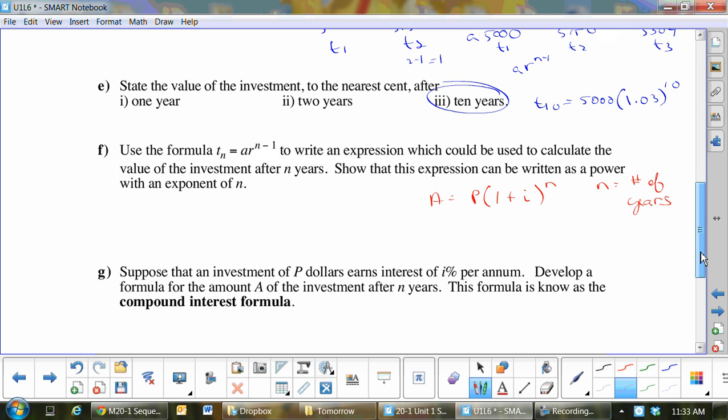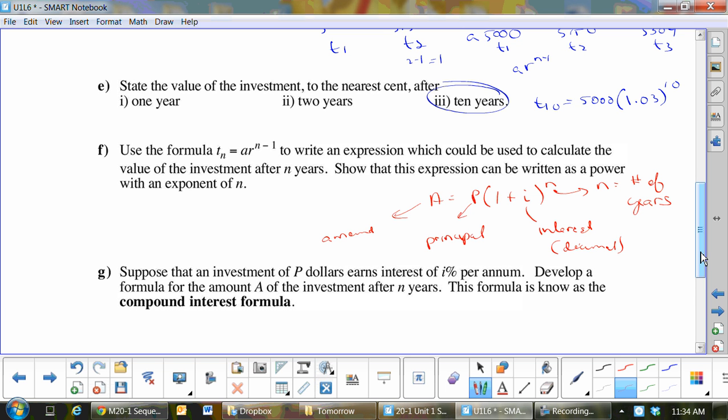A stands for amount. P stands for principal. i stands for interest, and make sure you always put it in as a decimal. And n stands for number of years.